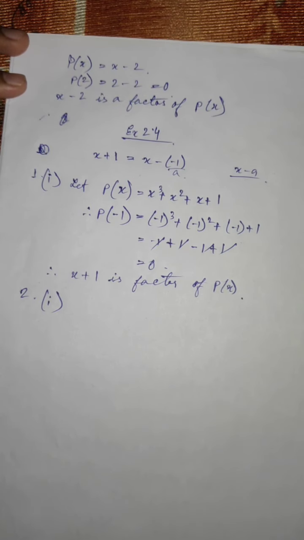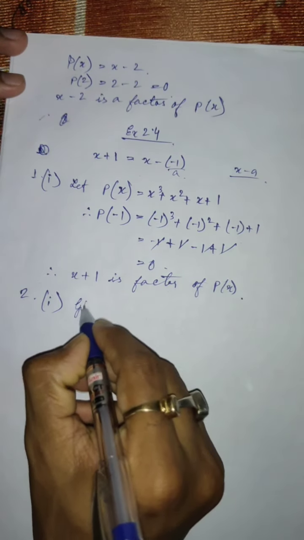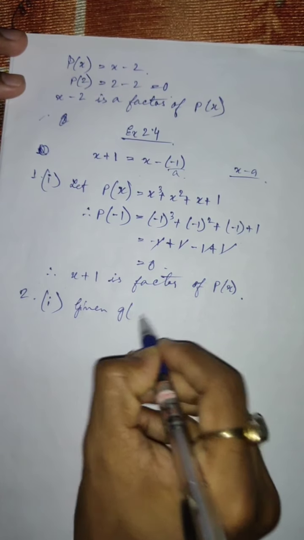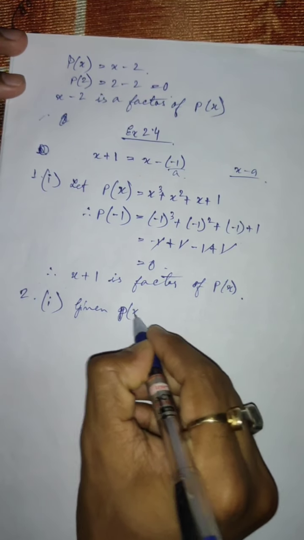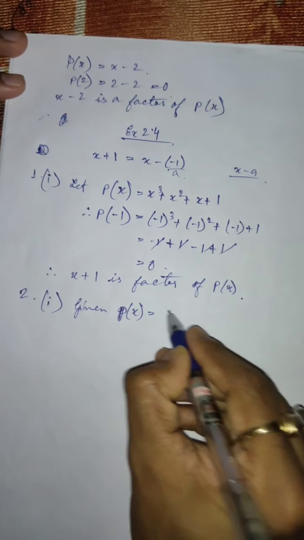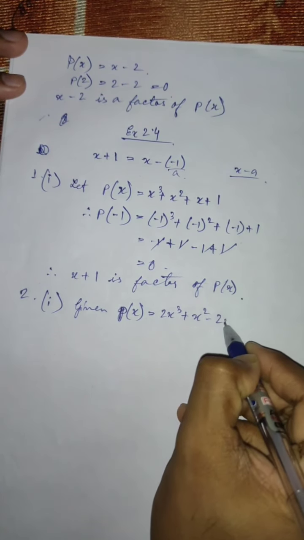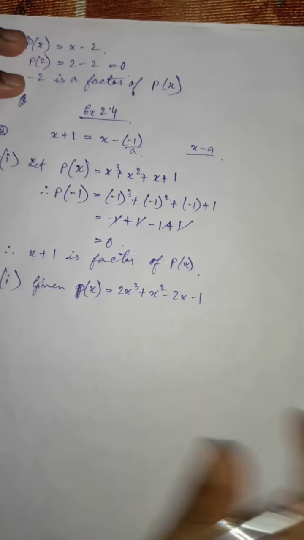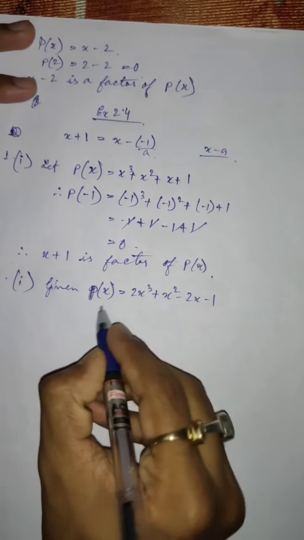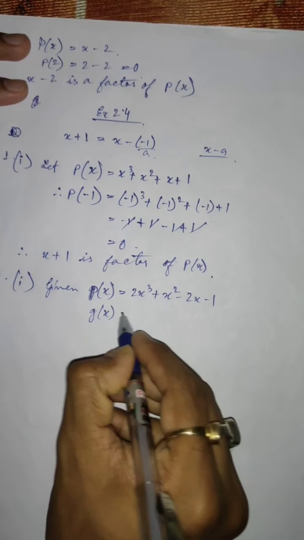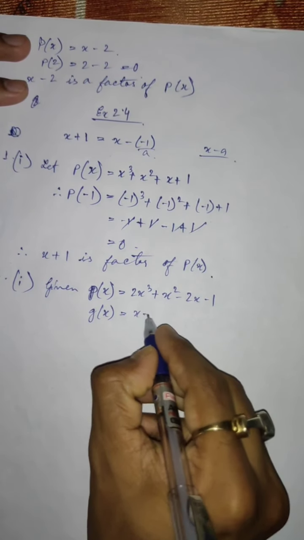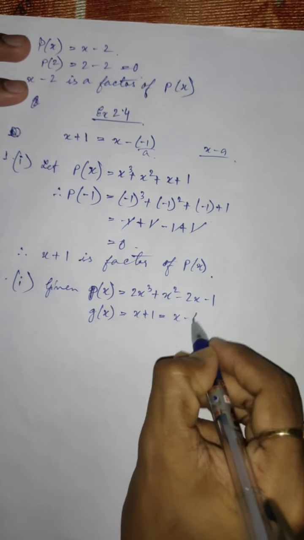So we shall use here, given p(x) equal to 2x cube plus x square minus 2x minus 1, and g(x) equal to x plus 1. We can arrange it as x minus minus 1.